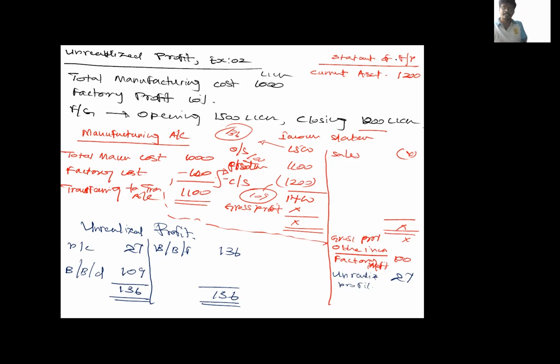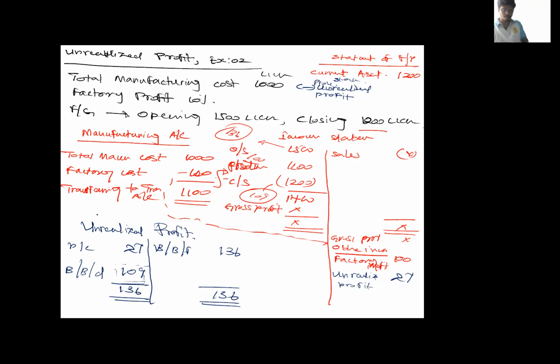And in this statement of financial position, we need to deduct 109 as an unrealized profit from our stock balance. Closing stock again, we need to deduct unrealized profit. මේකට අපිට කියන්න පුළුවන් provision for unrealized profit.